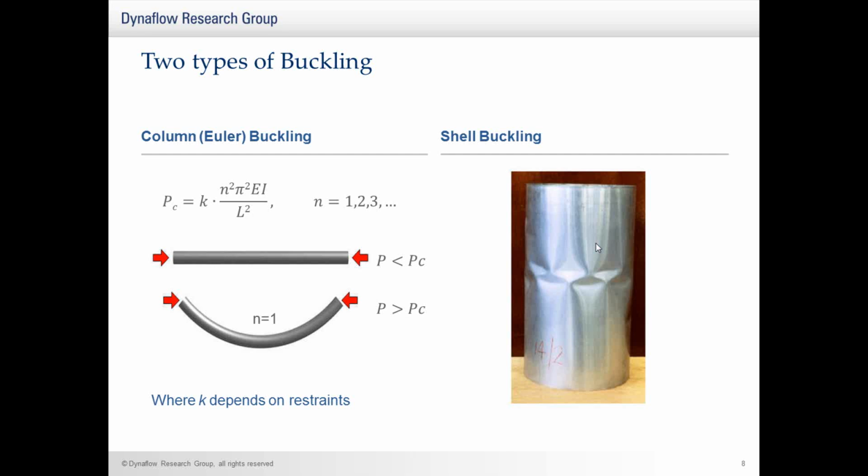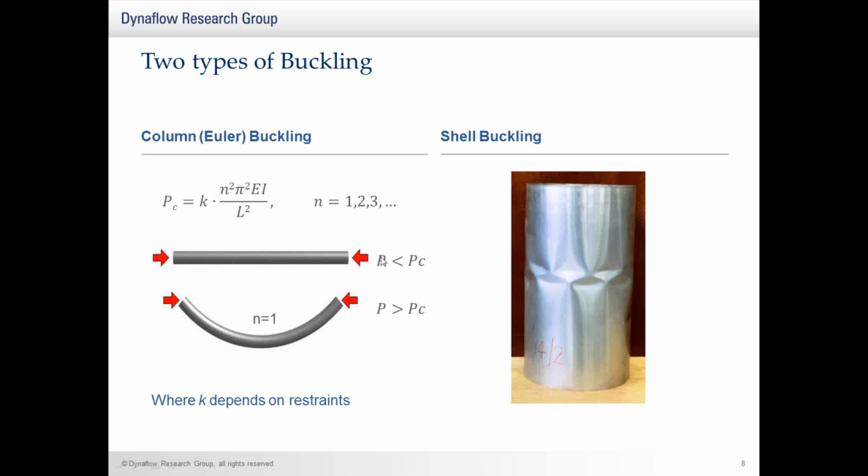Now, there are two types of buckling we're going to talk about when addressing the examples in FEPipe. First, Euler column buckling, and this is buckling across the whole length of a column. You see the cylindrical column here has been loaded with a compressive load, denoted by the arrows.